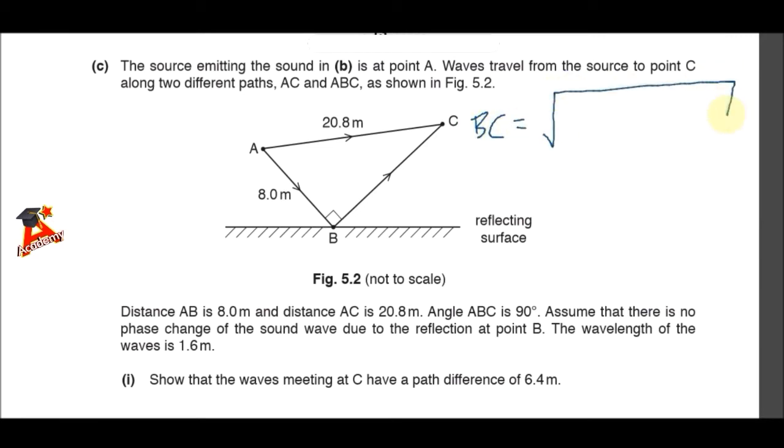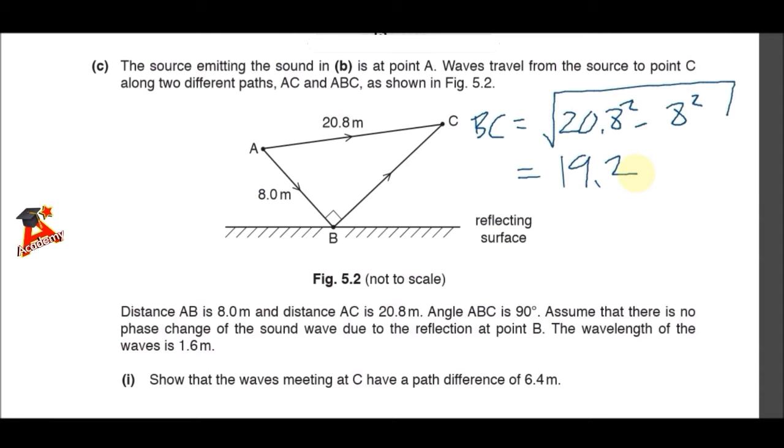So by Pythagoras, BC is supposed to be the square root of 20.8 squared minus 8 squared, which gives us 19.2. This is BC.